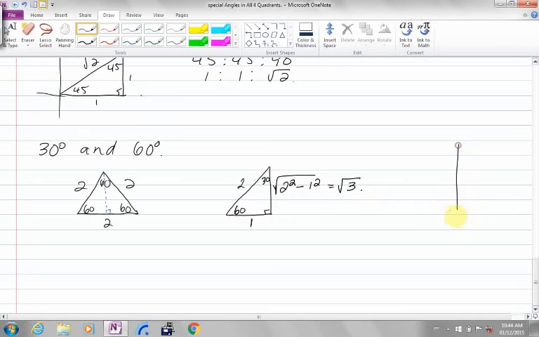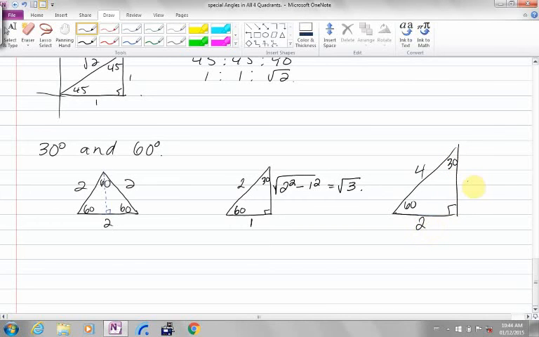All right. Well, you know what I'm going to do next? Let's make it a little bit bigger. So instead of making this 2, let's make this length 4. Okay? This is 60. And we drop that altitude, cut everything in half. So what's the length of the bottom going to be? 2.